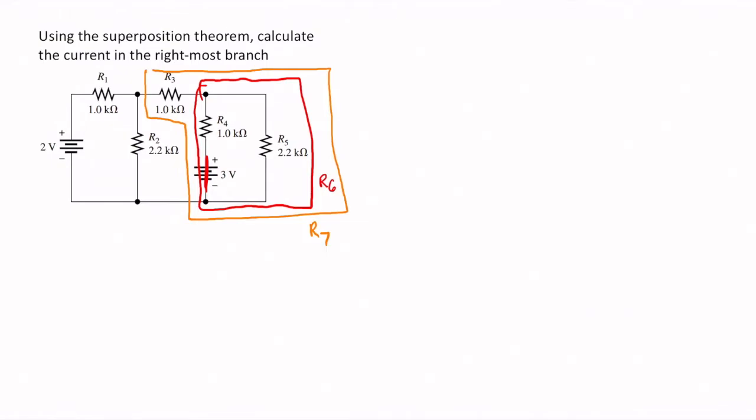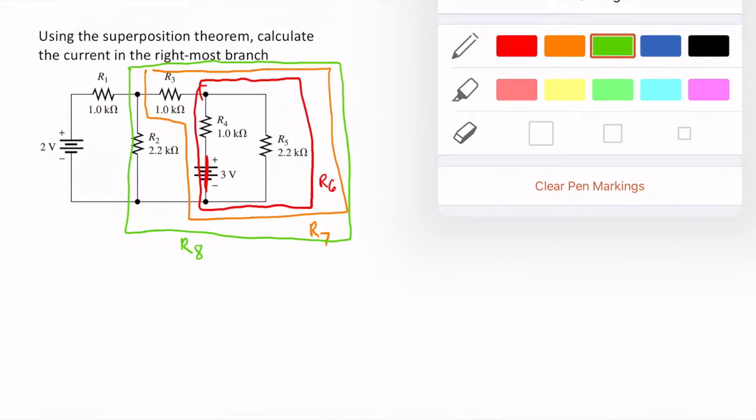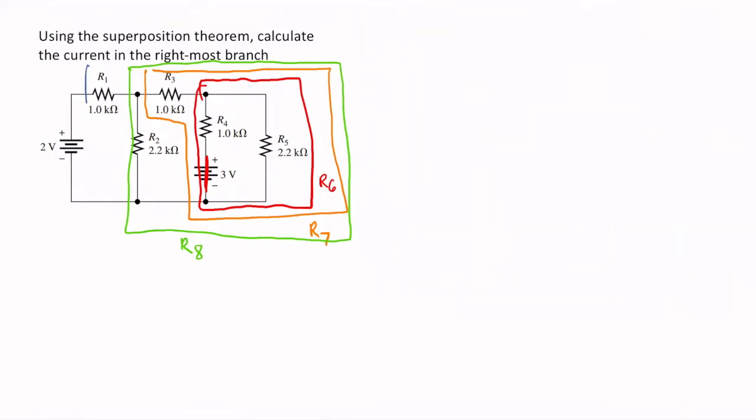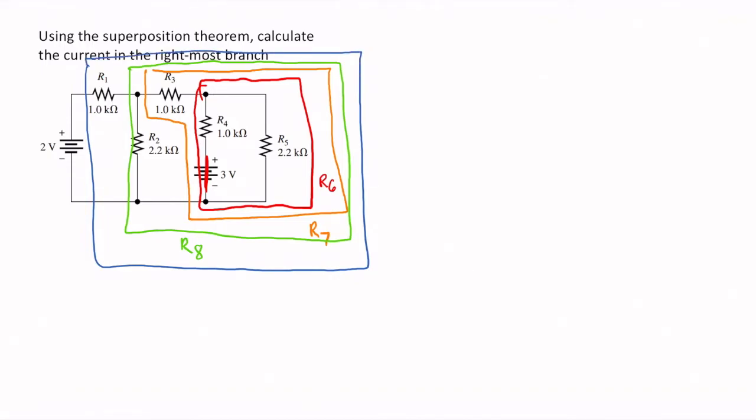And then we solve for this equivalent resistance, which we call R8. And then finally obtain the total resistance, which we now call R9. From there, we can solve for the currents. Let's solve for R6 first.